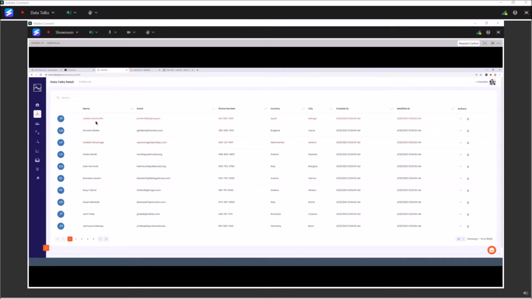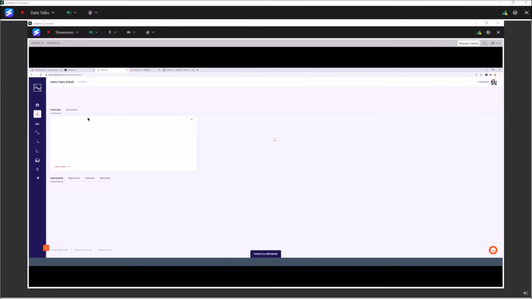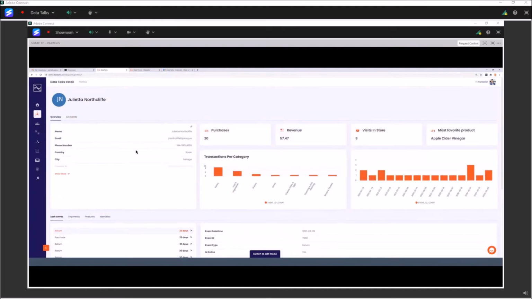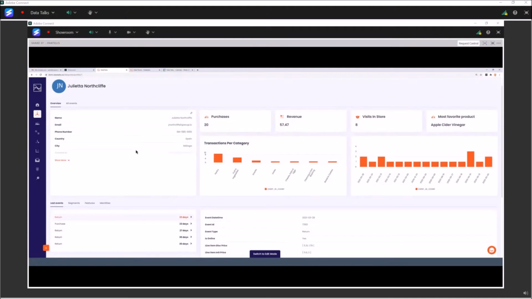So if we look at one random person, what we can see here is a nice view of how Datatox CDP integrates all this data that comes from your website, such as page views, sessions, visits, and so on, but also data that comes from physical stores.